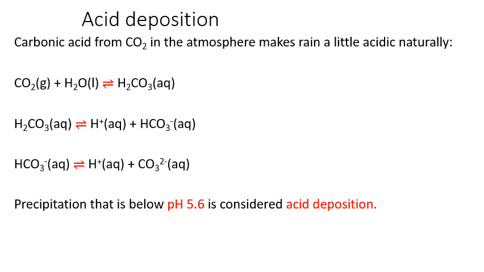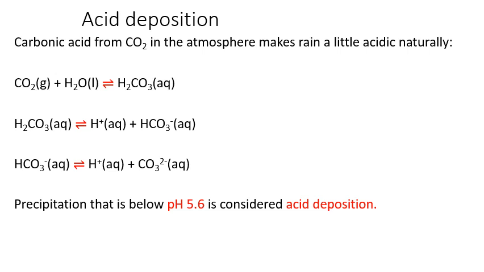Well, carbonic acid from carbon dioxide in the atmosphere already makes rain a little bit acidic. Basically the carbon dioxide dissolves in water and forms carbonic acid.